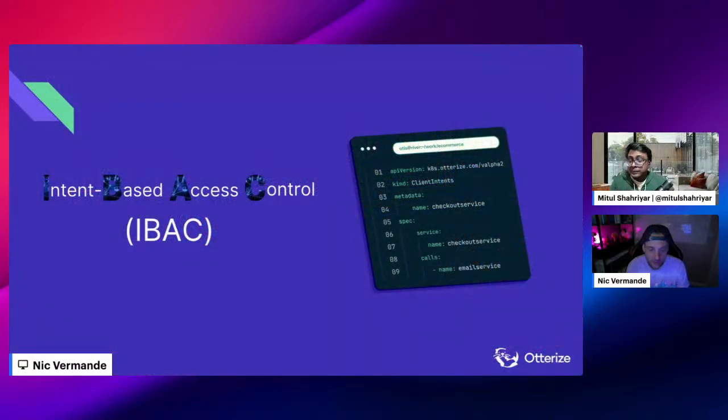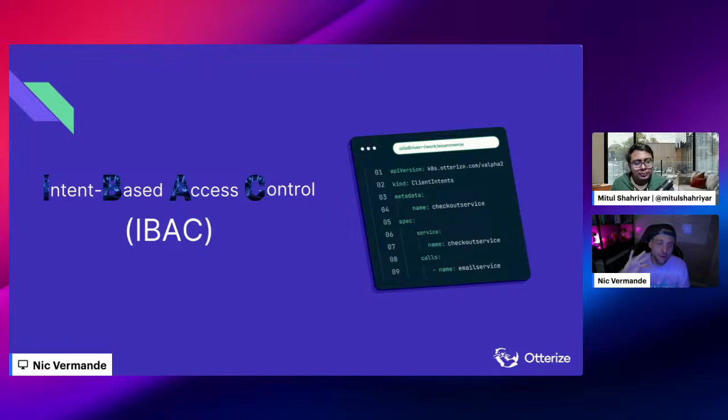This unified framework allows us to automate a lot of security: network policies, Istio authorization policies, cloud IAM. We can also automate application-level access, things like Kafka access lists, and database access, which is the topic for today.